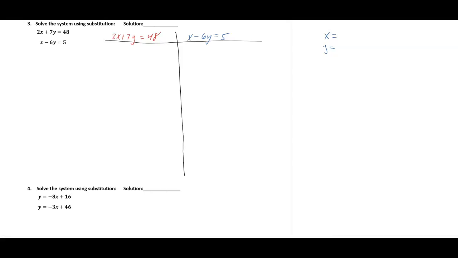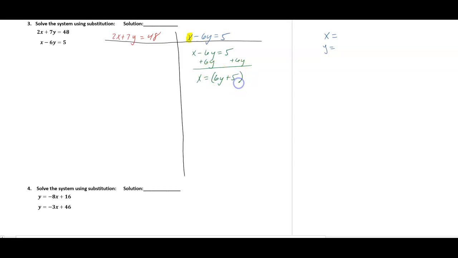So I'm going to choose the easiest one to get by itself to be the x term in this equation. So if I take x minus 6y equals 5, to solve for x, I need to get rid of negative 6y. So I'm going to add 6y to both sides. That would give me x equals 6y plus 5.